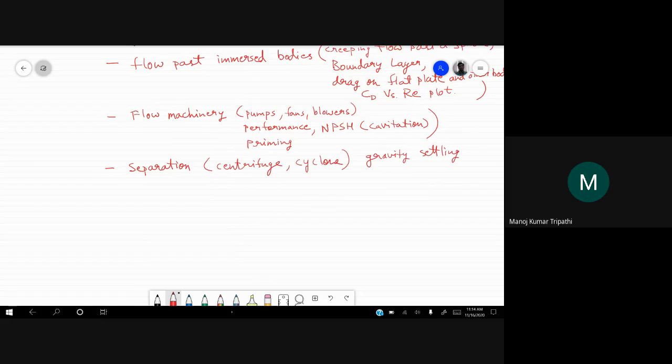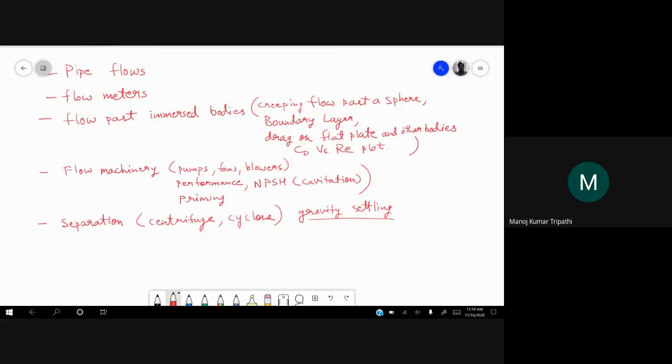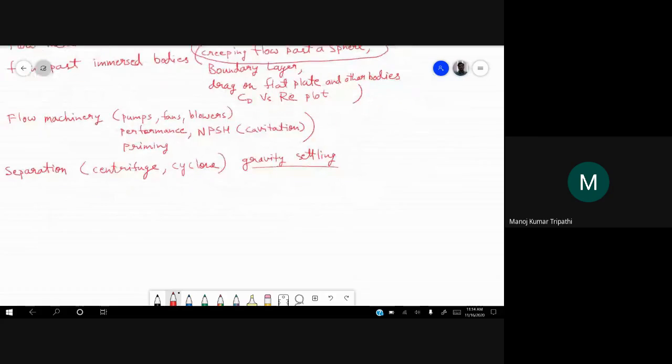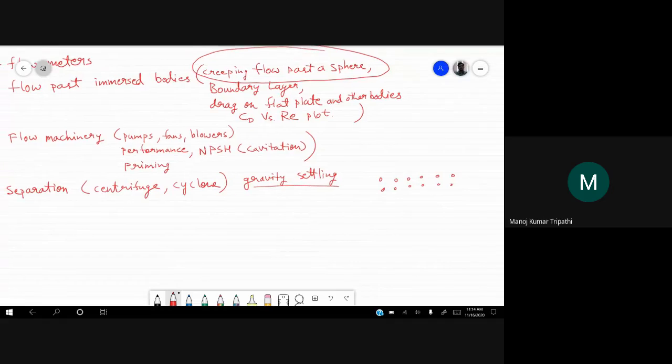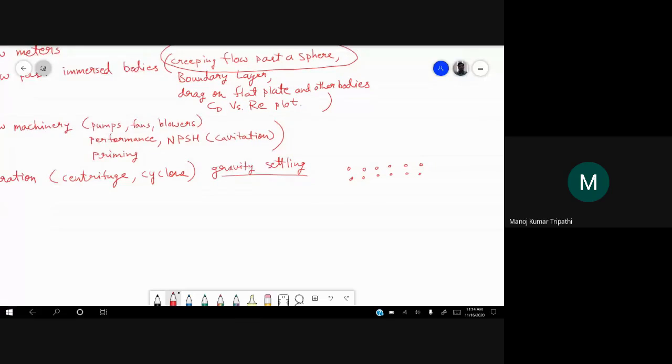And there you can find out the time which is required for separation of the particles based on this theory, where we will discuss creeping flow past a sphere. So you can imagine that there are several particles, and we can assume that they are roughly spherical. If there is some other shape, we can find out a solution for creeping flow past that shape, cylinder or cone or cuboid.